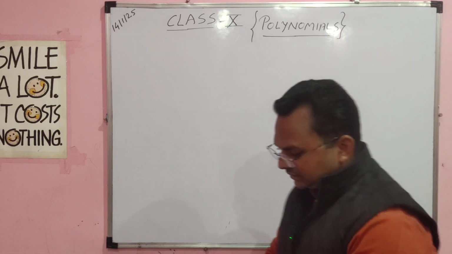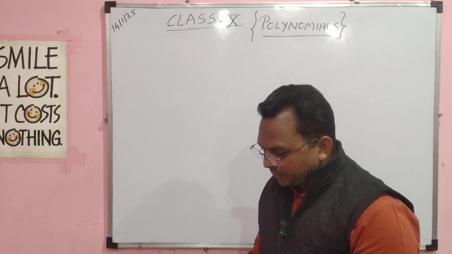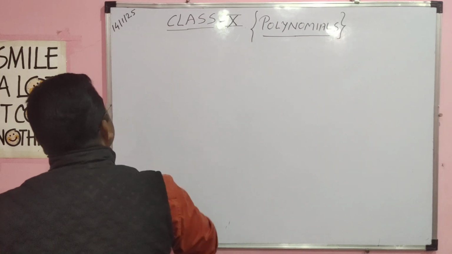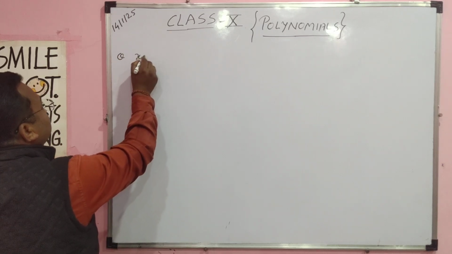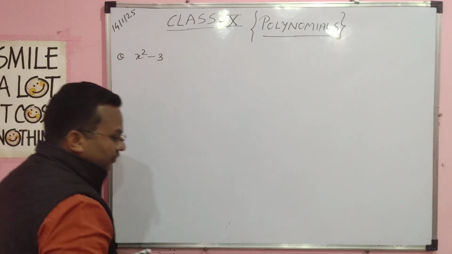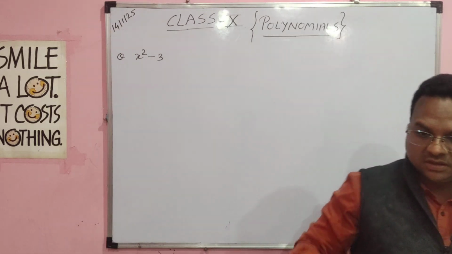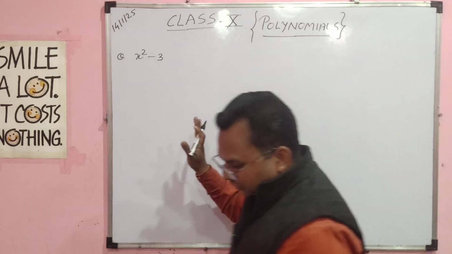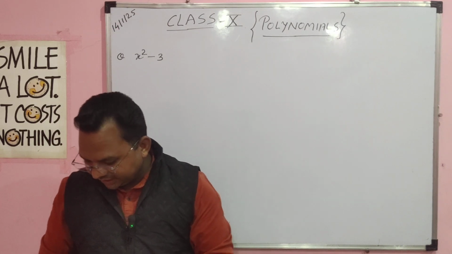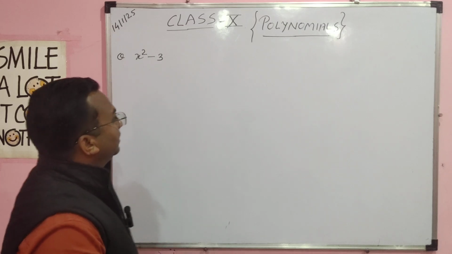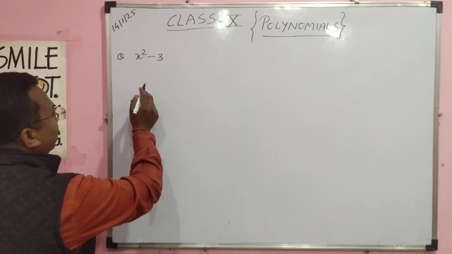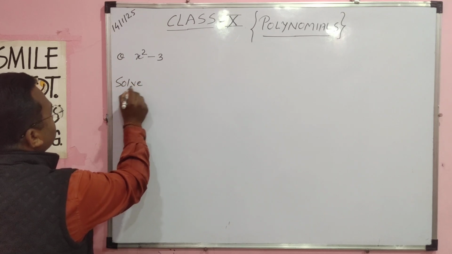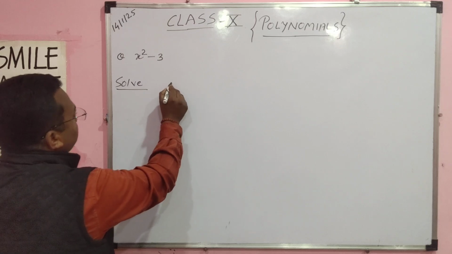So let's discuss the next topic of polynomials. The question is x square minus 3: verify and find zeros and verify. Clear, yes or no? This question is in the NCERT book, page number 20, example number 3. Okay, this is the second type of question in polynomials.